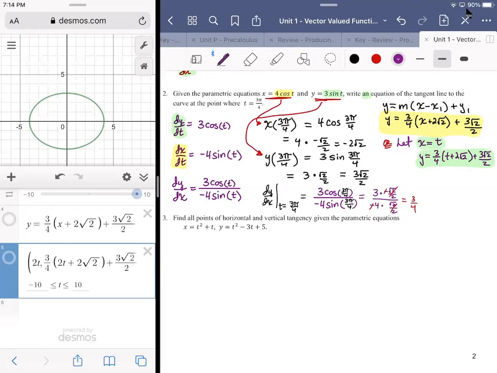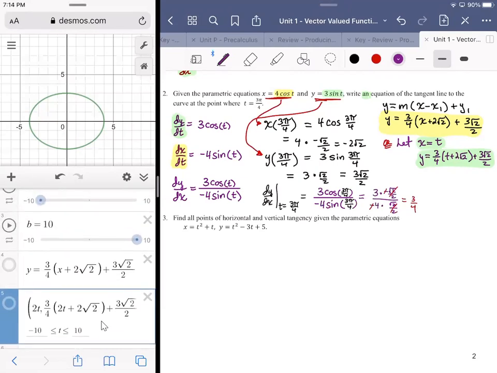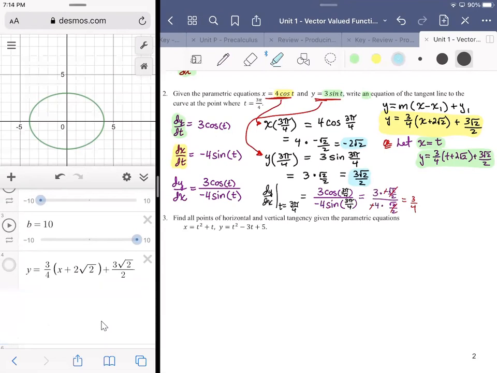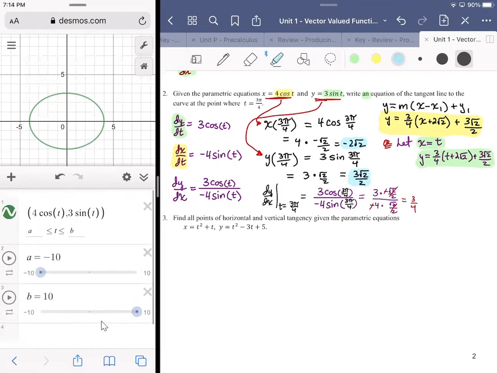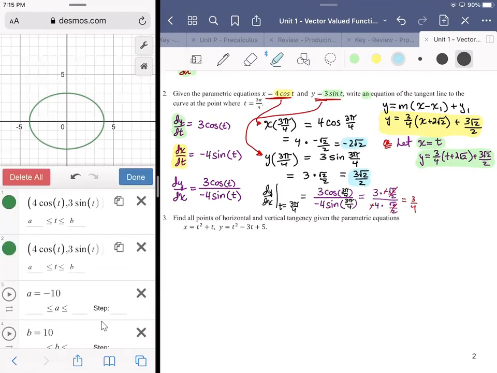All right. So if you wanted to do this using the Desmos calculator in order to get your, and I'll just highlight them, these guys over here, the -2 radical 2 and the 3 radical 2 over 2. What you can do, and let me just get rid of some of this fluff because we don't really need it, is take your original parametric, duplicate it.